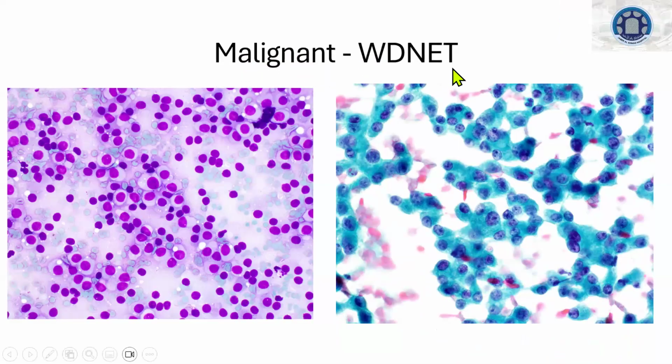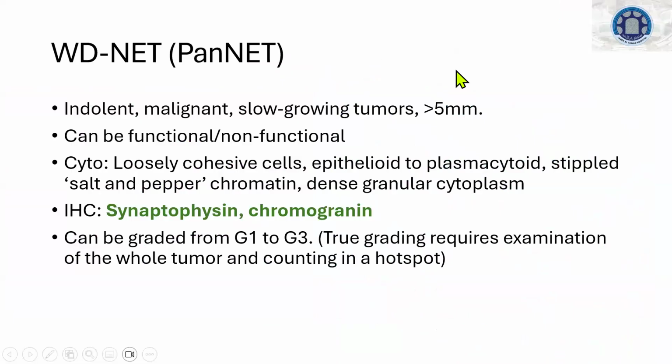So this is a well-differentiated neuroendocrine tumor, and they're usually slow-growing tumors, which can be functional or non-functional. Loosely cohesive cells, stippled salt and pepper chromatin, and synaptophysin will be positive. You can grade in cyto. I have had clinicians asking me to grade in cyto, but it is very difficult. You can do it in cell block, but even now the accepted criteria is to do it in histo, and that too in a hotspot. But you can attempt it in case the clinician asks.